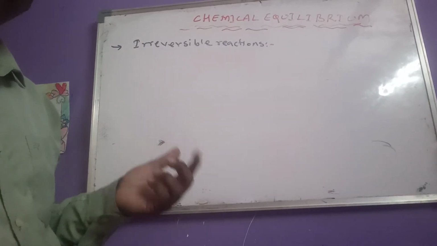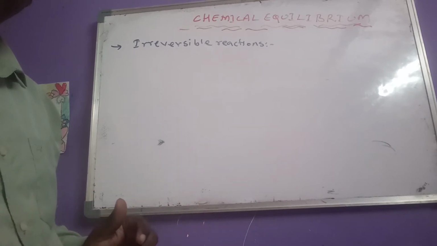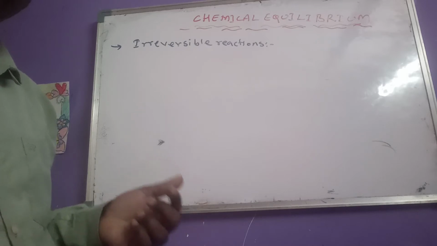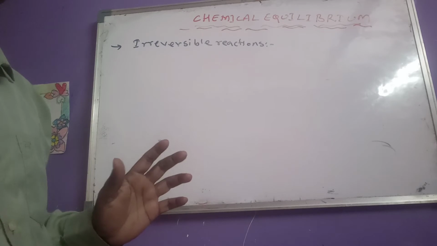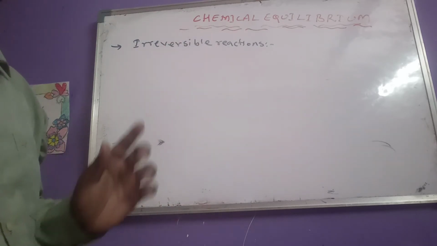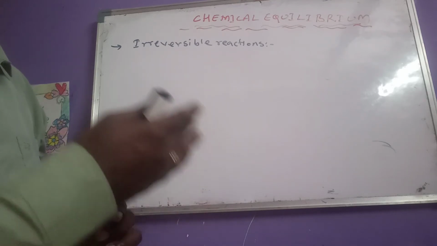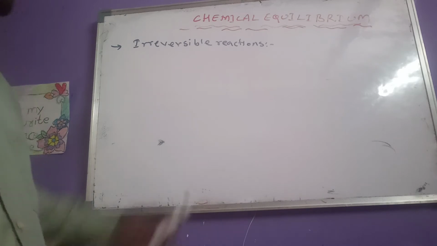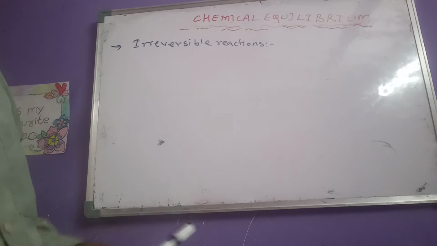Examples are decomposition reactions, neutralization reactions, and explosive reactions. In all these reactions, the reaction takes place in one direction only, meaning reactants give products, but products never give reactants.